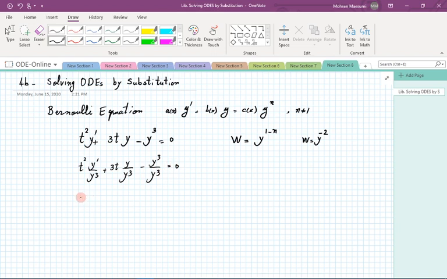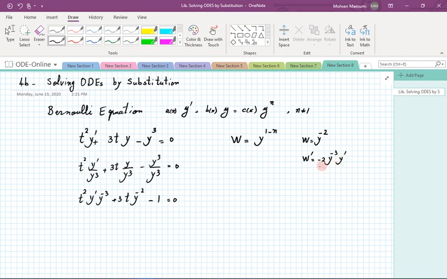Clean this up. I have t squared y prime y to power of minus 3, and then this is 3t y to power of minus 2. This is simply just 1. Now we realize what's the role of this y to power of minus 2. If I differentiate this by the power rule, I get minus 2 y to power of minus 3 then times y prime.